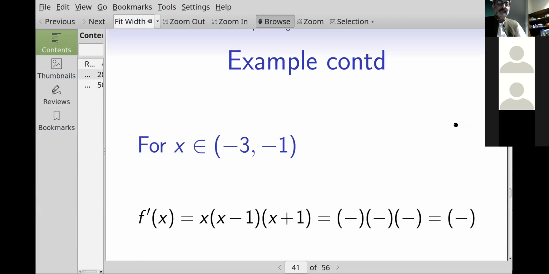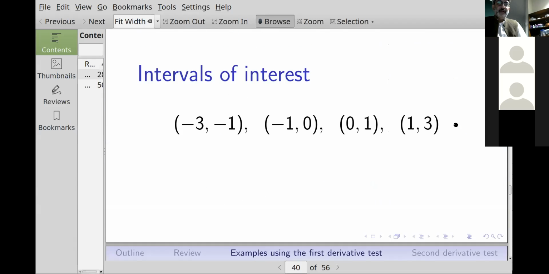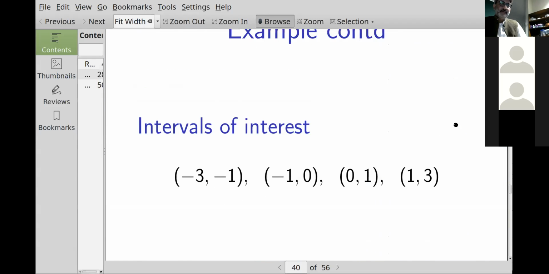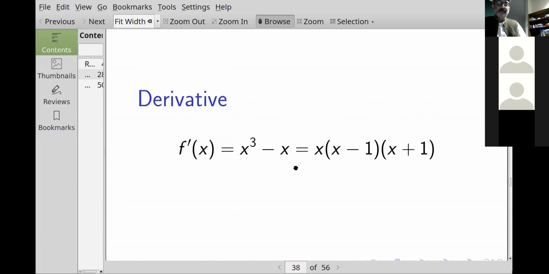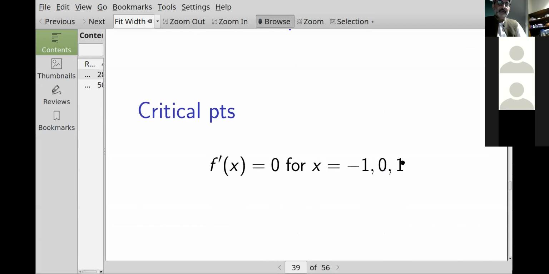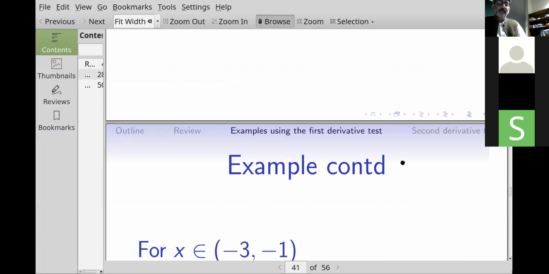On this first interval, is the function increasing or decreasing? If you take a value between -3 and -1 and put it into the formula for the derivative, would you get a positive number or a negative number? A negative. Okay.